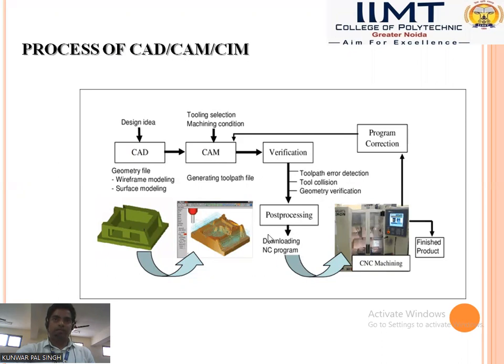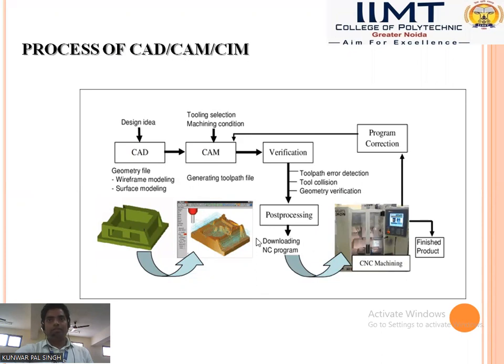All these things are done by the CAM software. Then we download the NC program and move to the CNC machine where the part is manufactured. After CNC machining, we get the finished product.